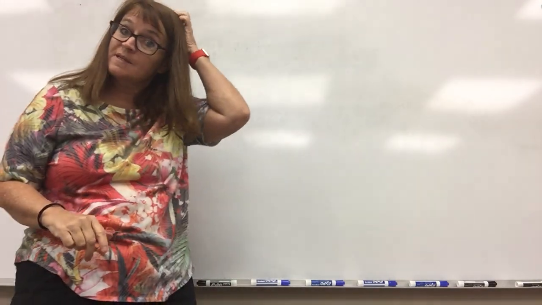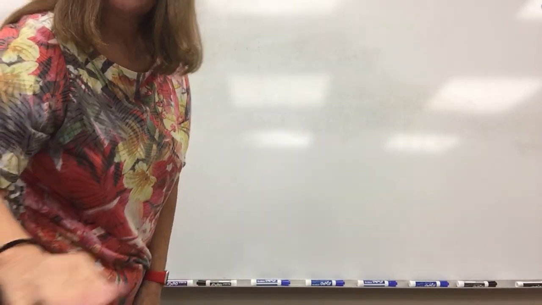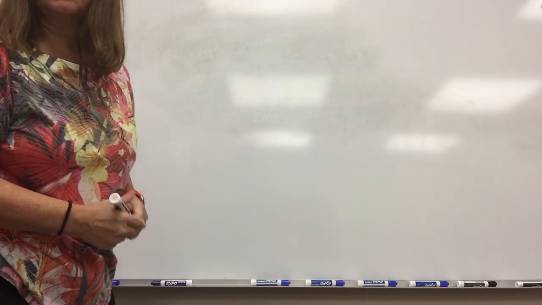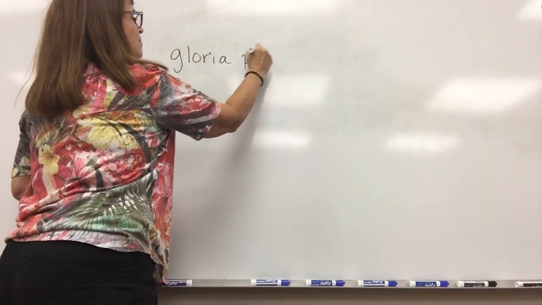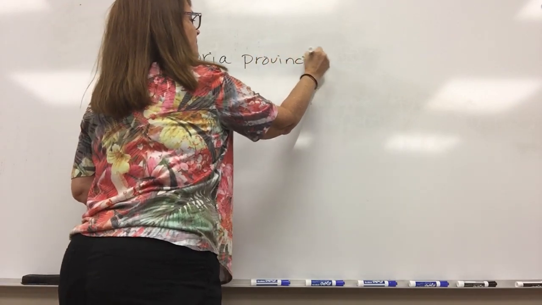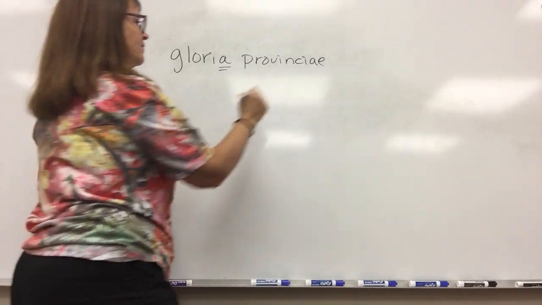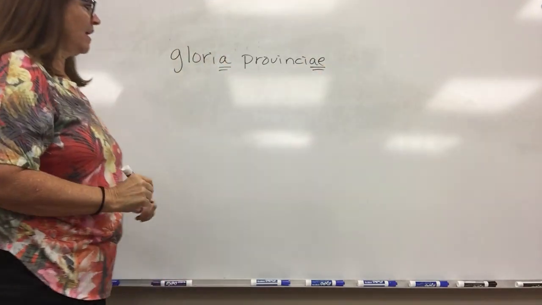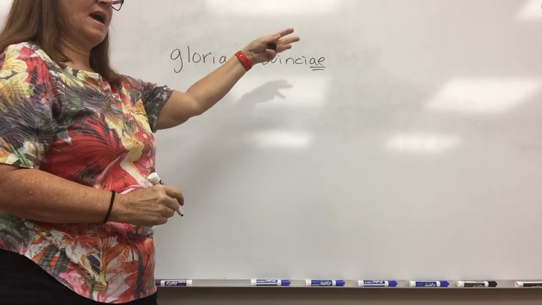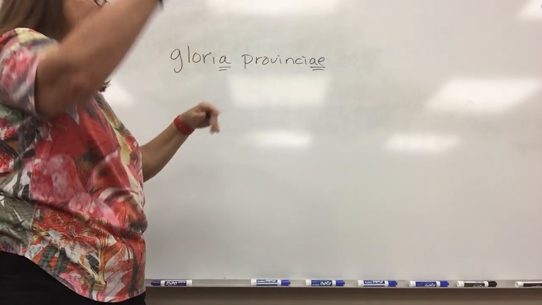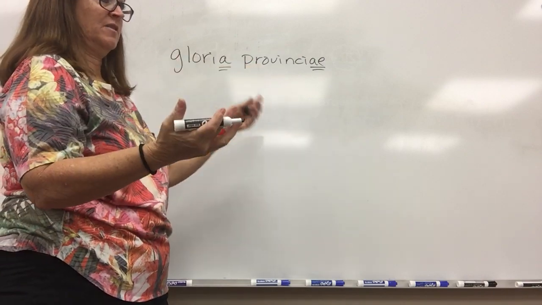Remember, genitive is possessive. So then you did exercise 8, okay? So let's just look at this one. It was number 1, Gloria Provinciae, okay? Ooh, I have an A there, just no macron, and an AE. So remember, AE could be genitive singular, dative singular, nominative plural.